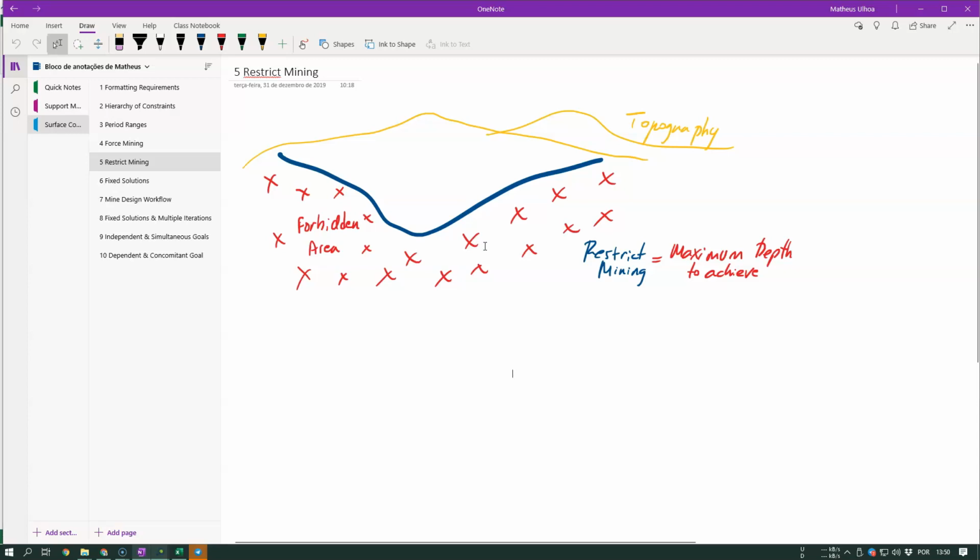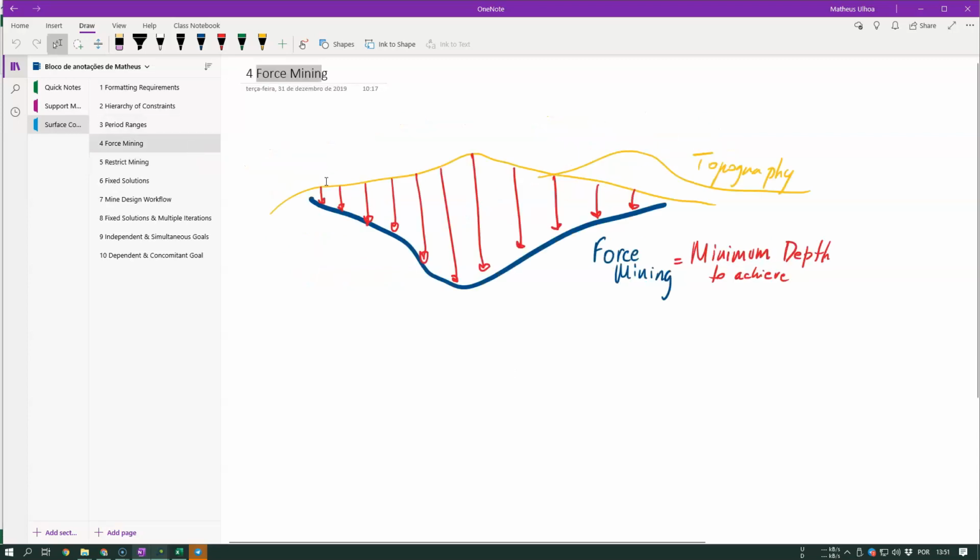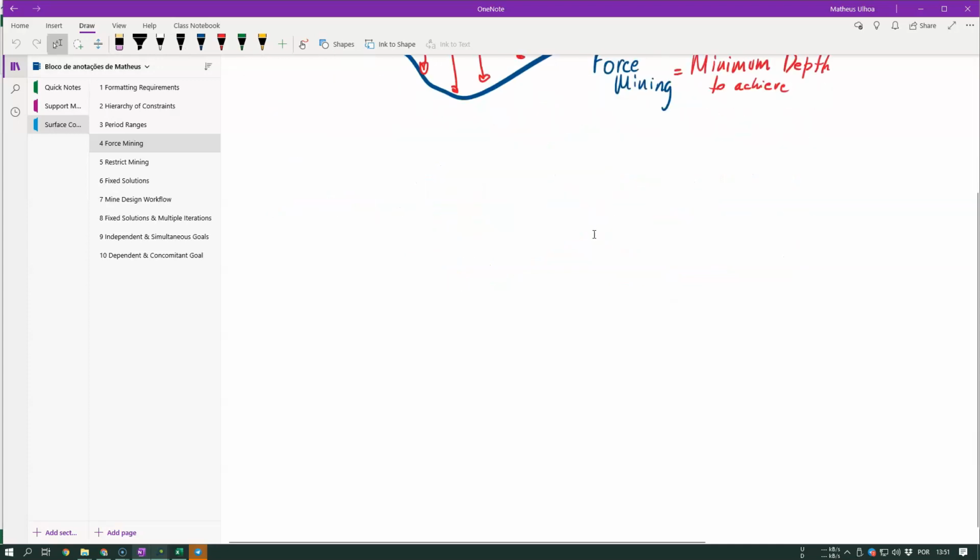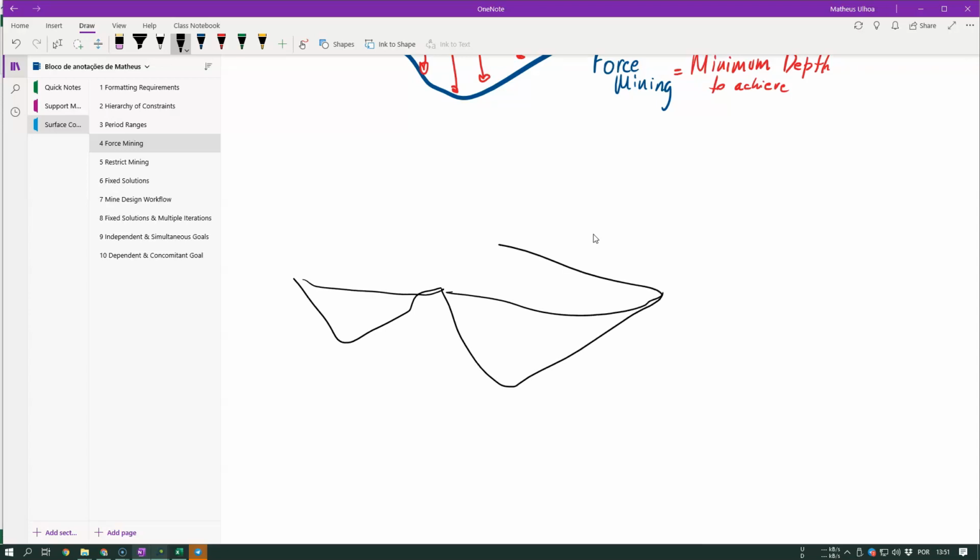Okay, so getting back to force mining, for example, we have this sort of possible situation. Let's say I have a multi-mine deposit. Sorry for my drawings over here. We have a small pit, a big pit.